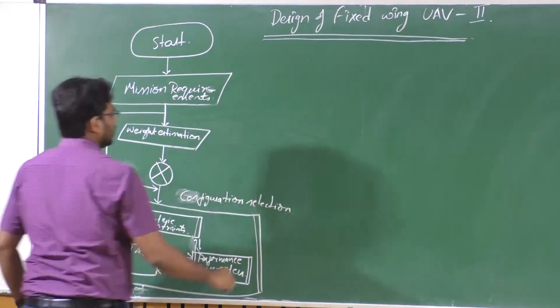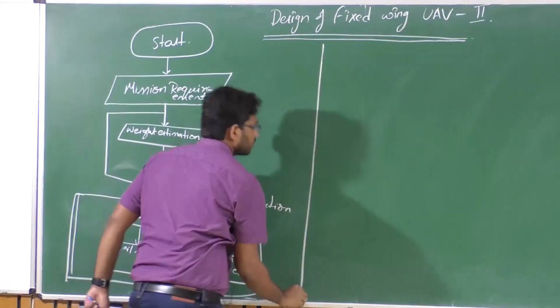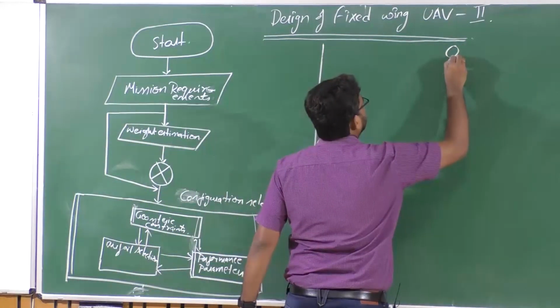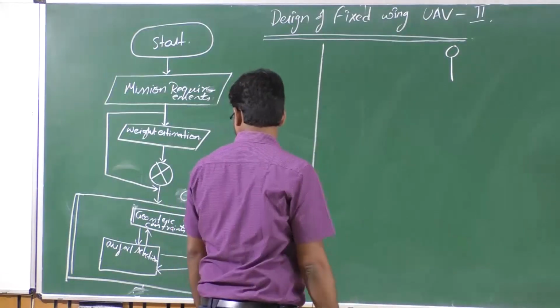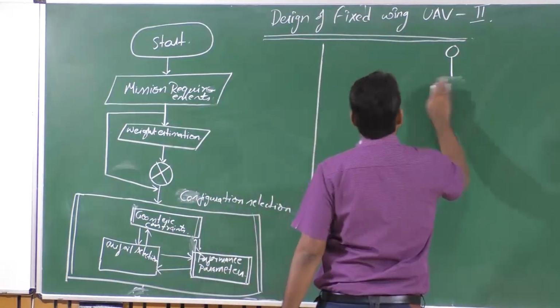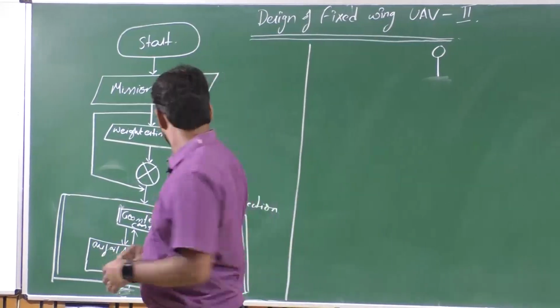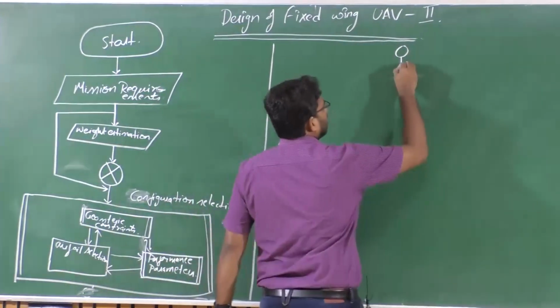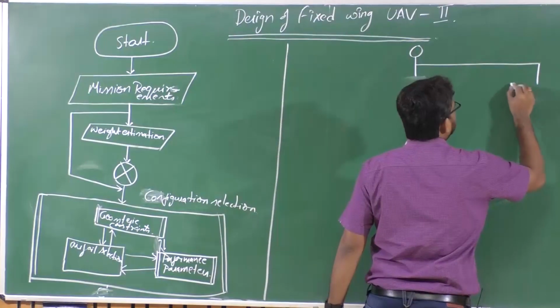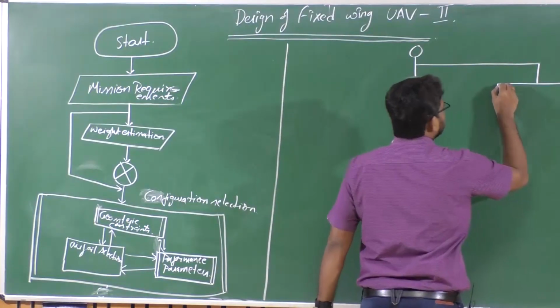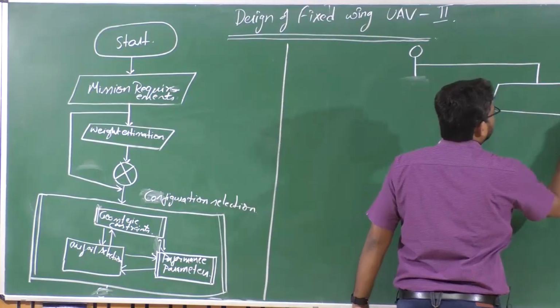So let's continue this here. So once you have this geometry, you can independently perform an empirical estimation. Right.